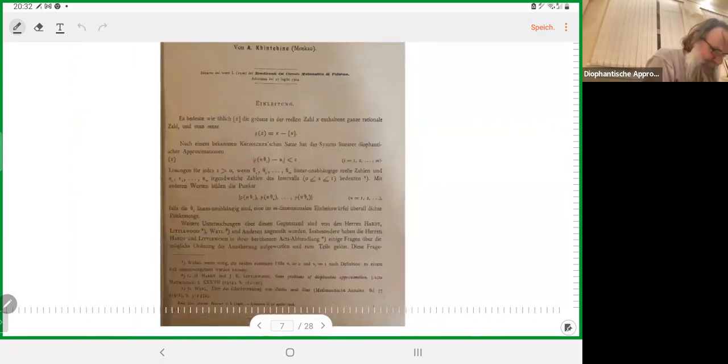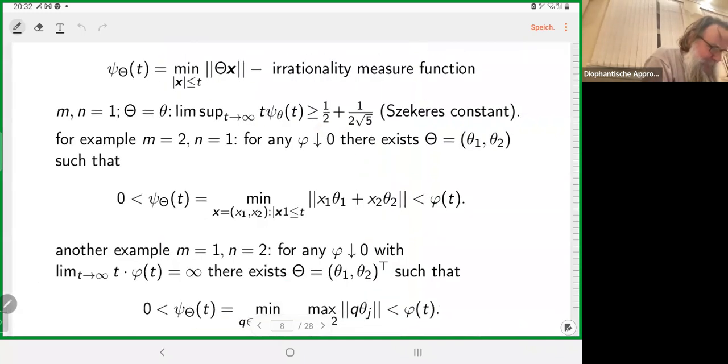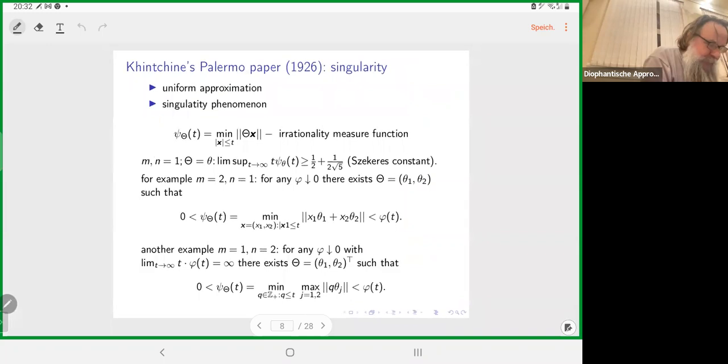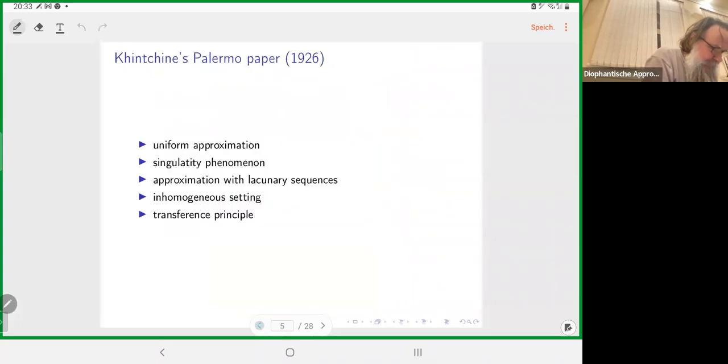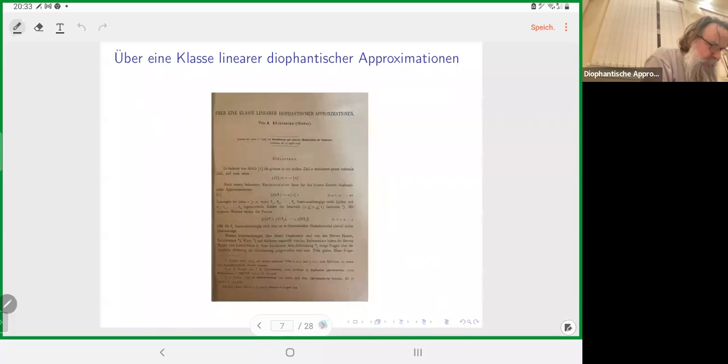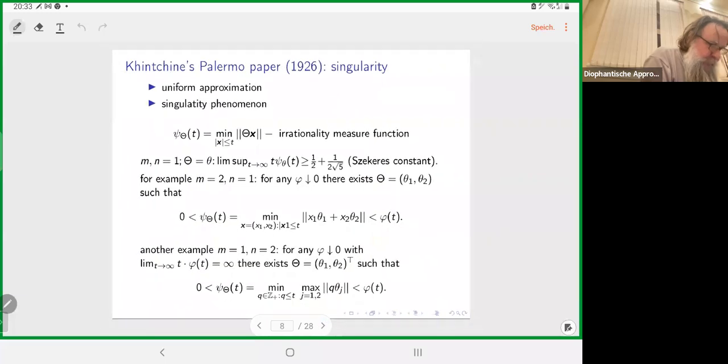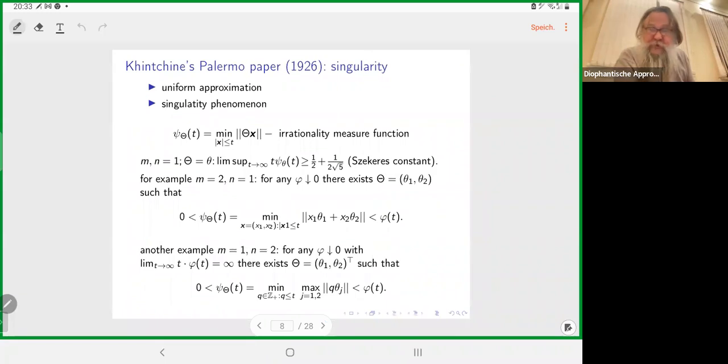So let's continue. I wanted to show you this paper. Well, a few words from Khintchine's Palermo paper. I am interested just in the first two moments here: uniform approximation and the singularity phenomenon. What is uniform approximation? The first observation by Khintchine was that for the one-dimensional case, we do not have singularity.